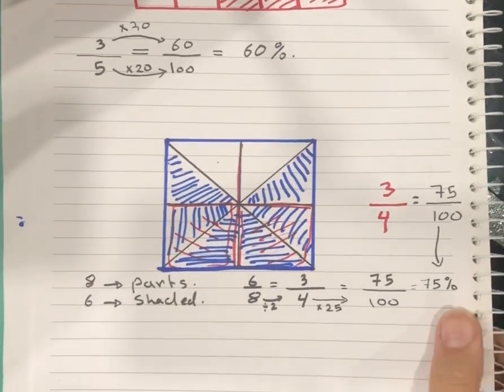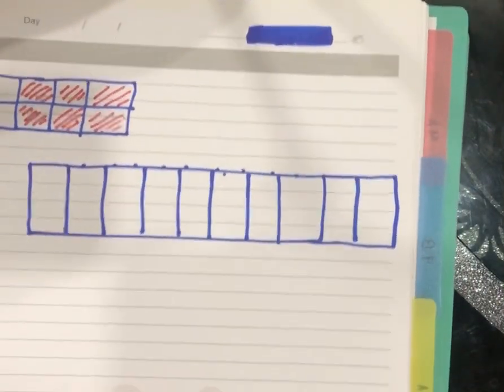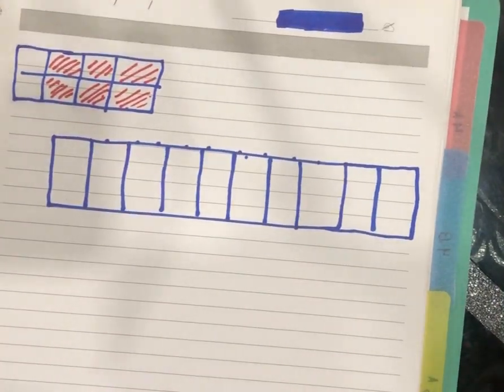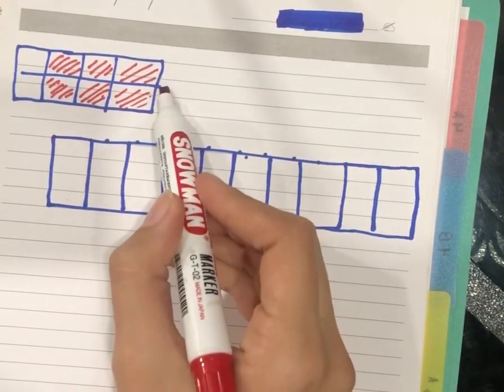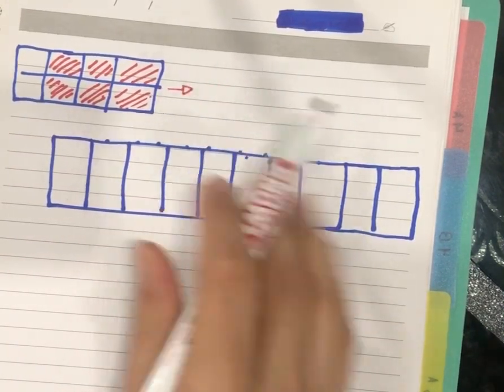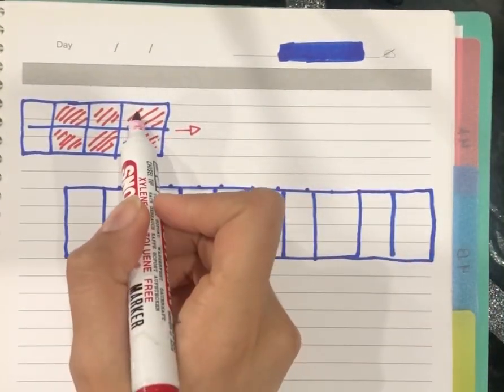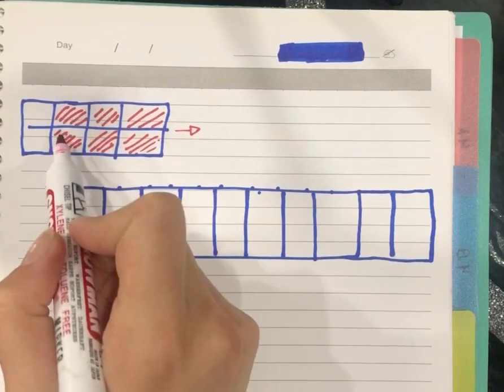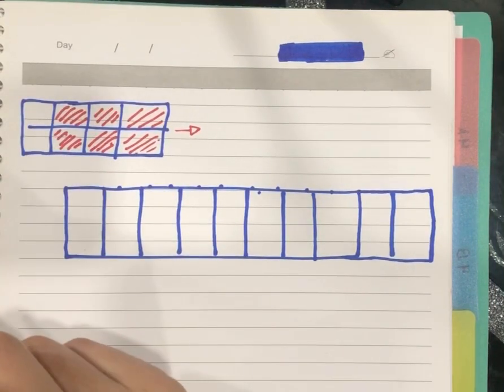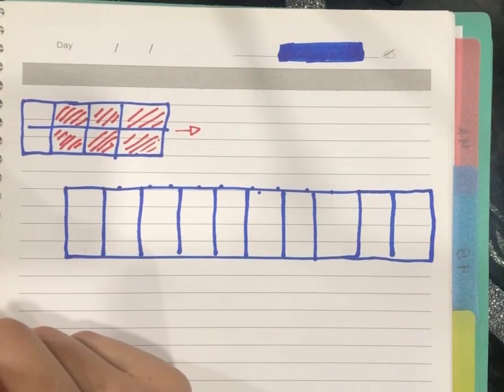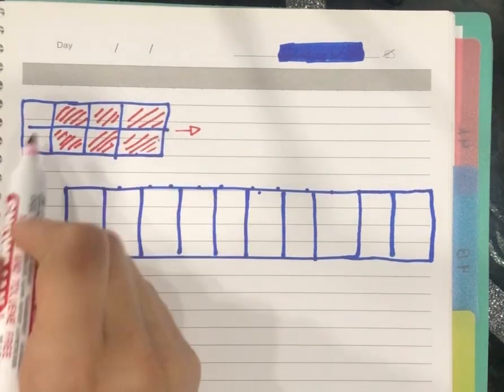Let's take a look at another shape. Here, I am asking you to give me a percentage of the shaded area. We see 1, 2, 3, 4, 5, 6, 7, 8 squares, and 6 are shaded.